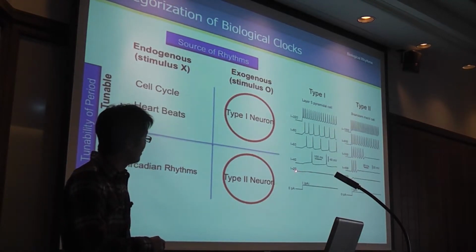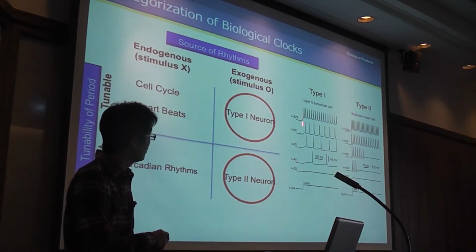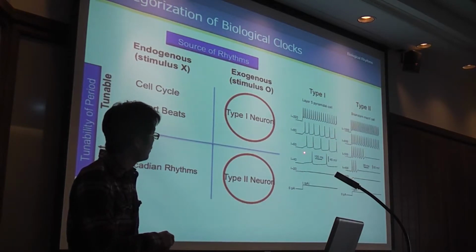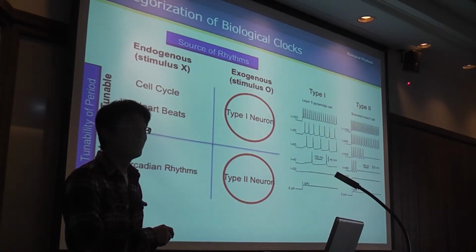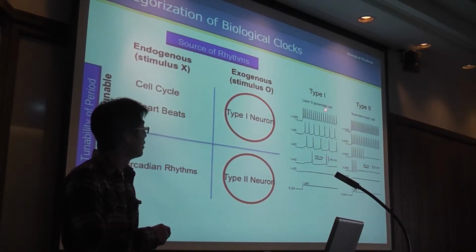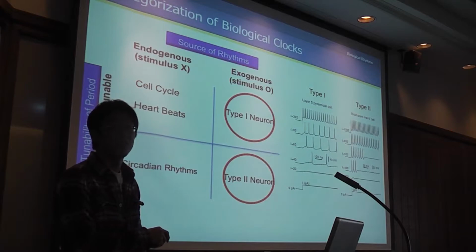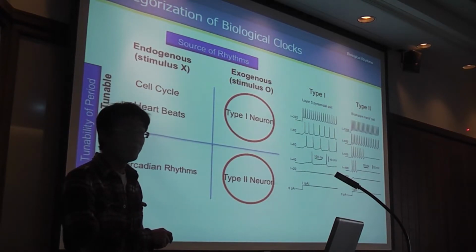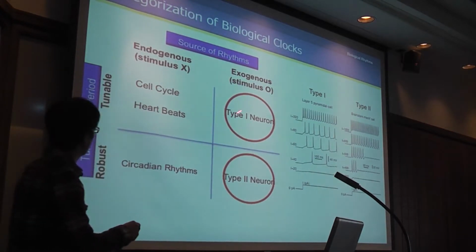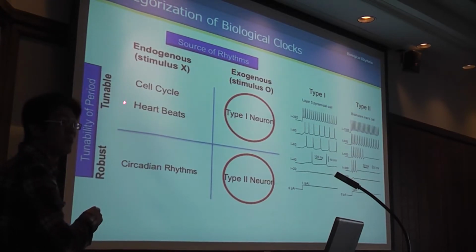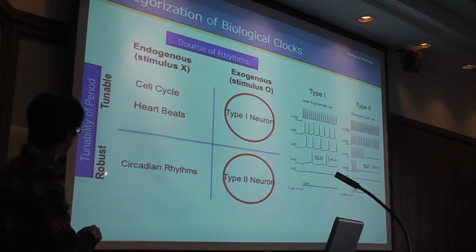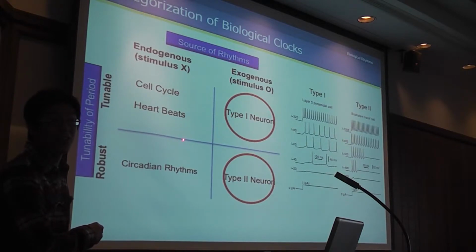As the strength of the stimulus is changed, the type 1 neuron's frequency changes a lot, right? It is slow, but here it's very fast. However, for the type 2 neuron, the frequency is almost the same. So that's why we call the type 1 neuron's period tunable, but the type 2 neuron's period robust.